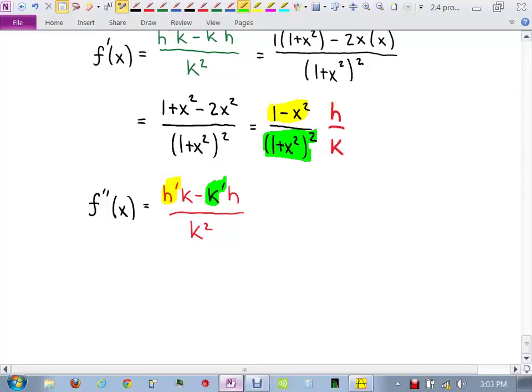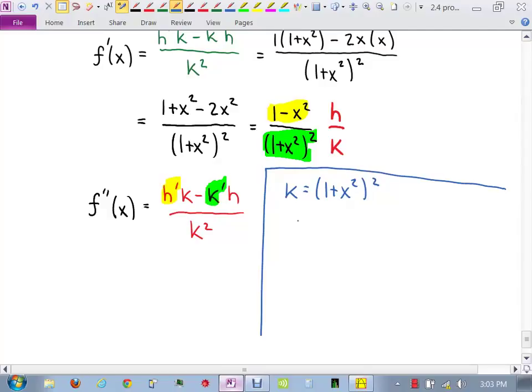You could actually do a product rule on it too, but here's where I'm just going to stop and hold the boat here. K is equal to 1 plus x squared squared. I'm going to just multiply it out: 1 plus 2x squared plus x to the fourth. So what did I do there?